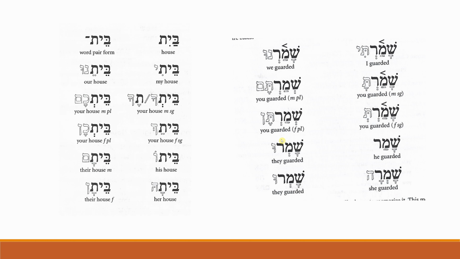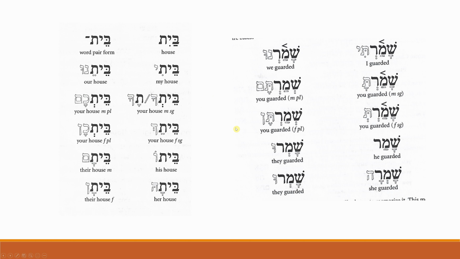Okay, so here is a chart of your basic possessive suffixes here on the left-hand side. Go ahead and take a look at that for just a minute. And while you're looking at it, I want you to shift your eyes over here to the right, where we have the perfect endings of the verbs.